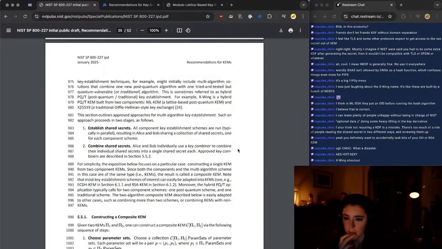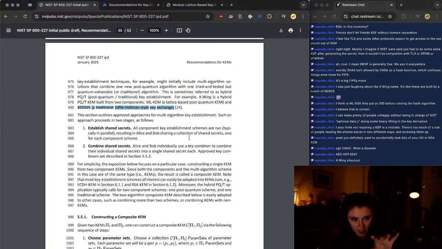For example, X-Wing is a hybrid KEM built from two components, ML-KEM and X25519. It's also explicitly taking the HPKE DH-KEM style and completely inlining it in. So it's not just doing an elliptic curve Diffie-Hellman and shoving that in there.